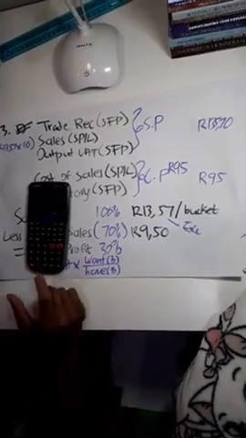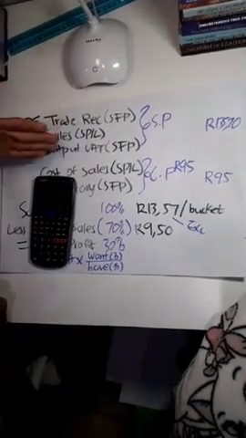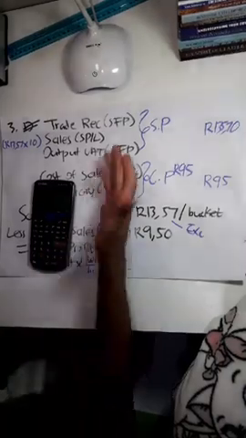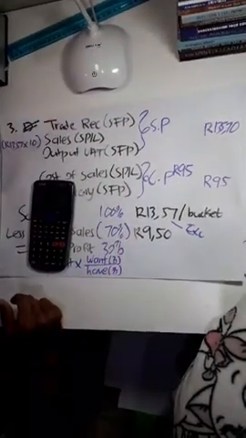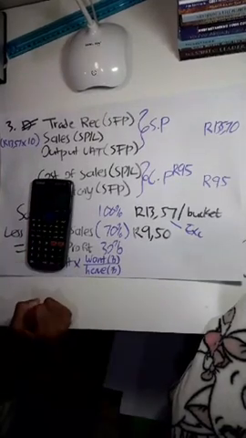Okay, and then now, since I have my exclusive price, I can find my inclusive and my VAT. I just take 135.70 multiply by 115 if I want my trade receivable, because 115 is inclusive and trade receivable is inclusive, right?